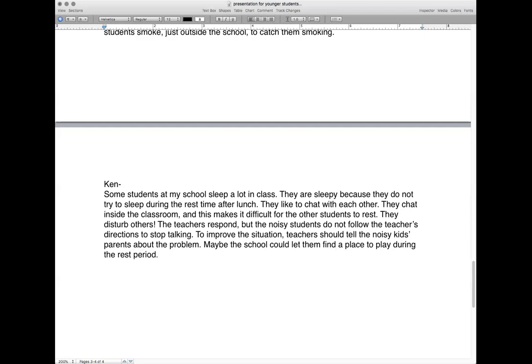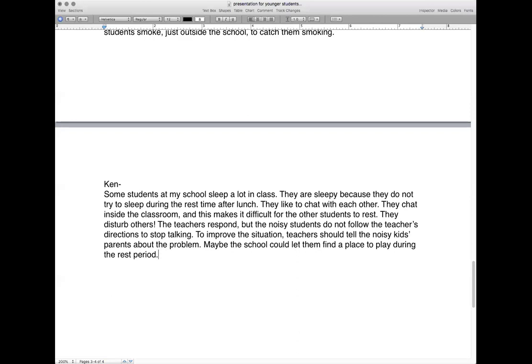All right, Ken, can you read what you wrote here? It's really good. Some students at my school sleep a lot in class. They are sleepy because they do not try to sleep during the rest after lunch. They like to chat with others. They chat inside the classroom, and this makes it difficult for other students to rest.